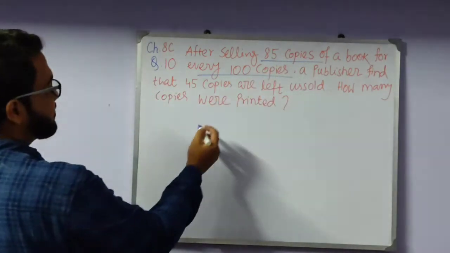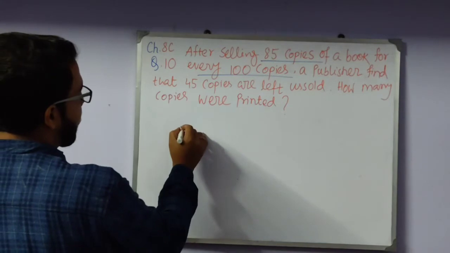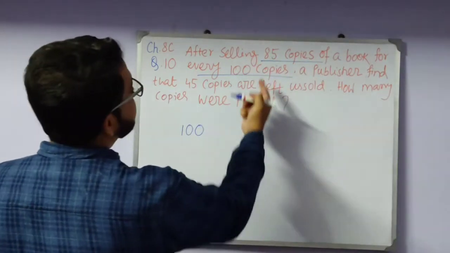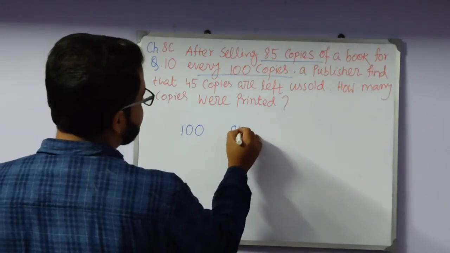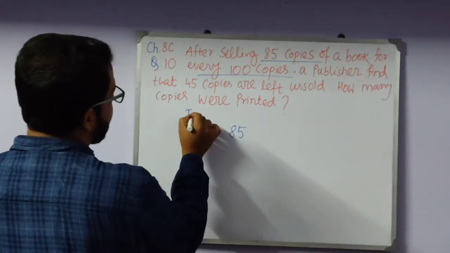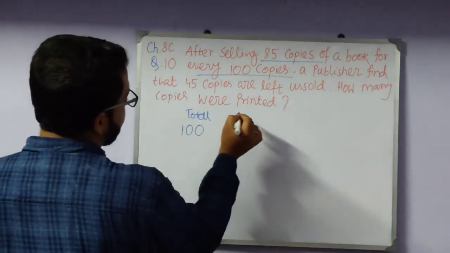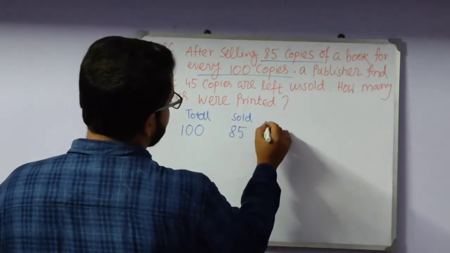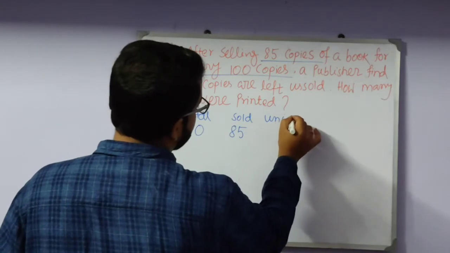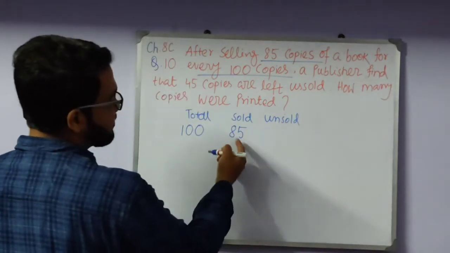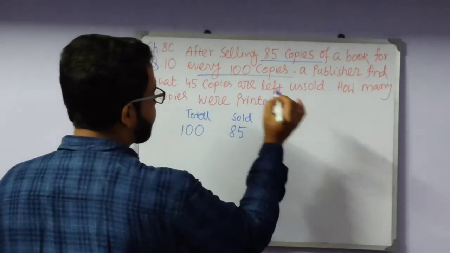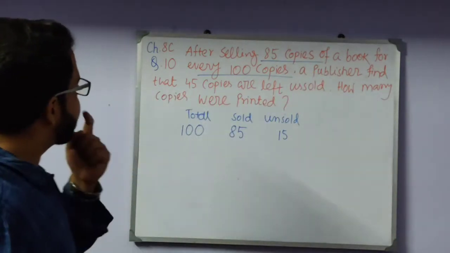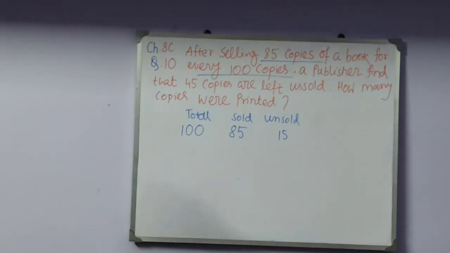In the first case total 100 copies, 85 copies are sold, so unsold is 100 minus 85, that is 15. In the second case, a publisher finds that 45 copies are left unsold.